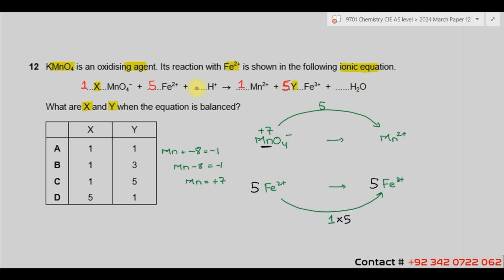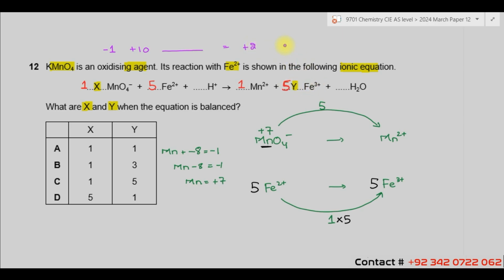To balance H plus, we need to find out the total charge. So we have -1 charge on MnO4 negative. Iron is 2 plus, there are 5 moles, so there is +10 charge. H plus is unknown. On the product side, we have +2 charge.